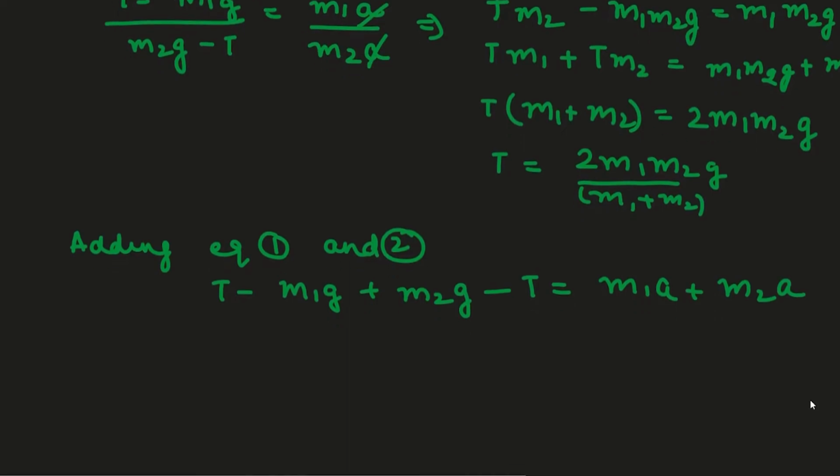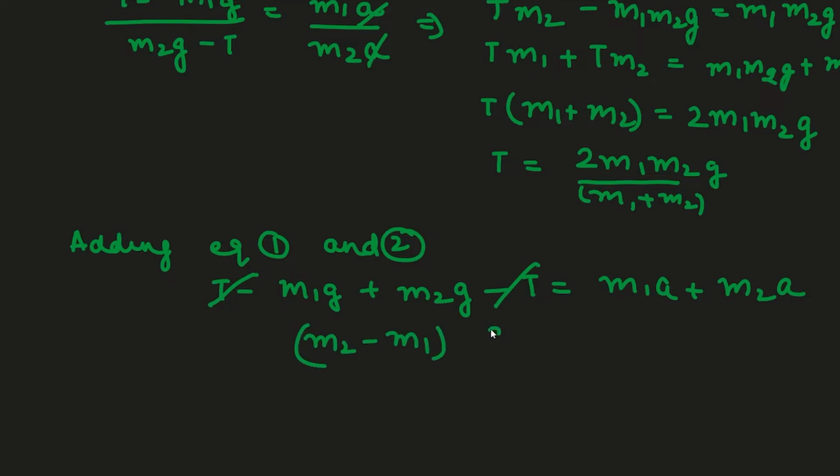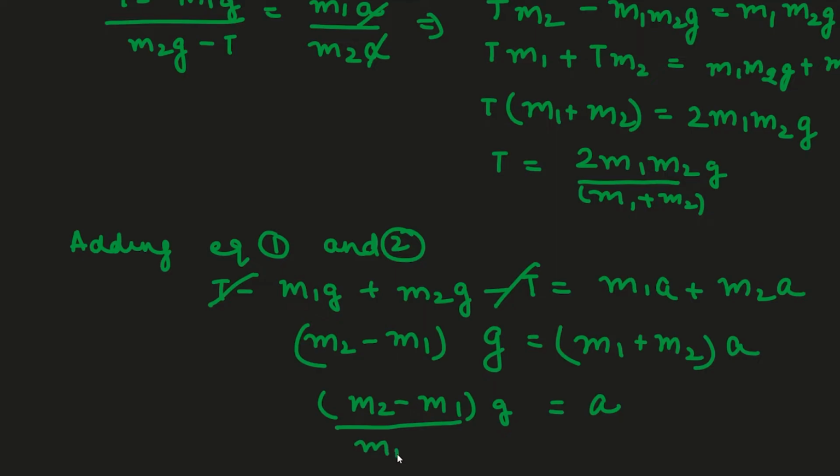As you can see, on the left hand side T will get cancelled and we will have m2 minus m1 times g, and on the right hand side I have m1 plus m2 into a. So the acceleration of the system is given by m2 minus m1 times g upon m1 plus m2.